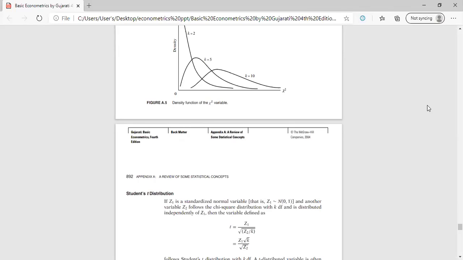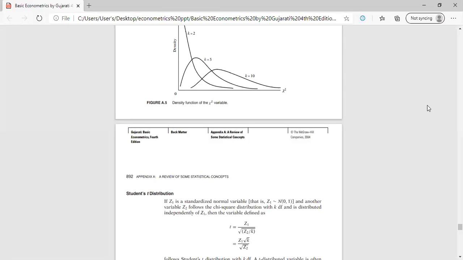For all these distributions, the density functions depend on sample size. Please remember this. For the standardized normal distribution, the density function does not depend on sample size; it depends only on mu and sigma square.